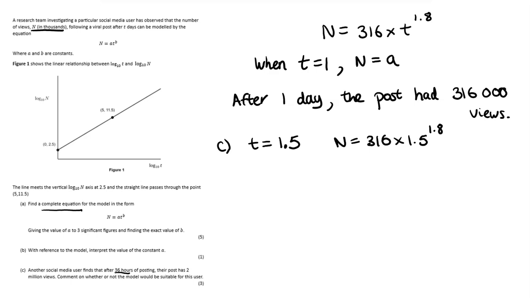Don't worry too much about using the exact value that you got here, because it's just a model. So we just want to see, is it roughly a good figure that's near to that 2 million. So if we put that in our calculator, we put in n equals 316 times the 1.5 to the power of 1.8, we get that n is 655.62.